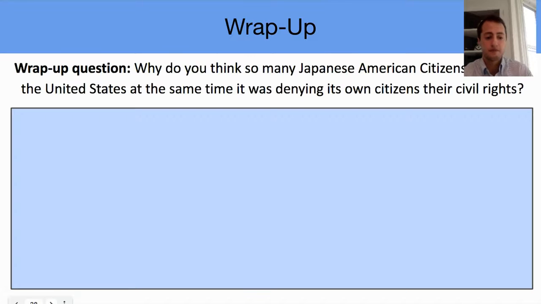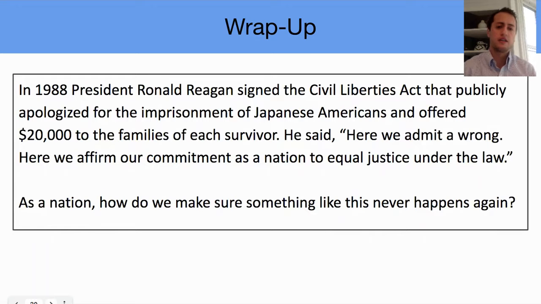And then there's a wrap-up question, which is really student opinion. But the check-in question does discuss the racism of the executive order. So this is a little bit of context, just that the United States admitted wrongdoing in Japanese internment and tried to make amends. You can definitely have a discussion about whether this was enough to make amends for Japanese internment.